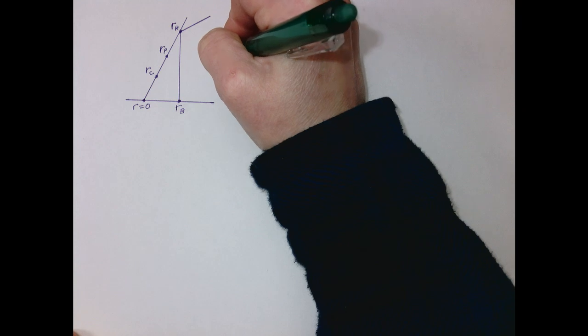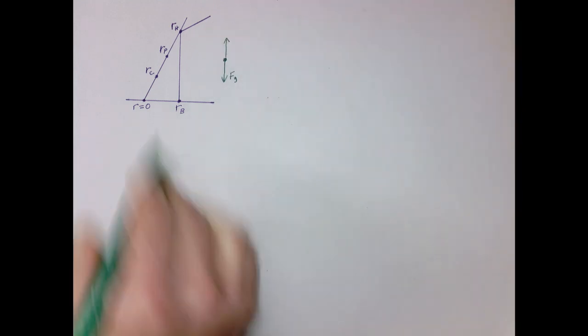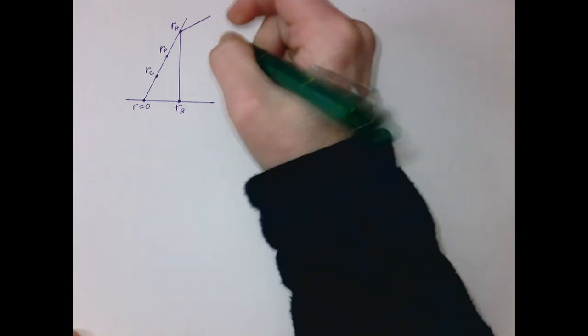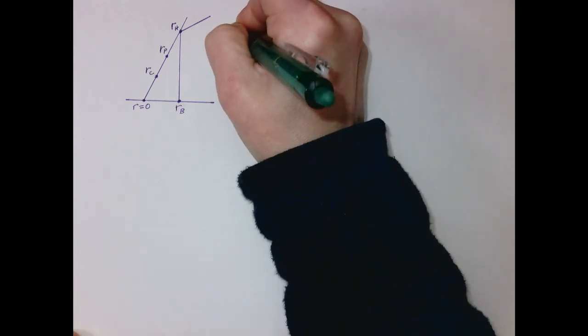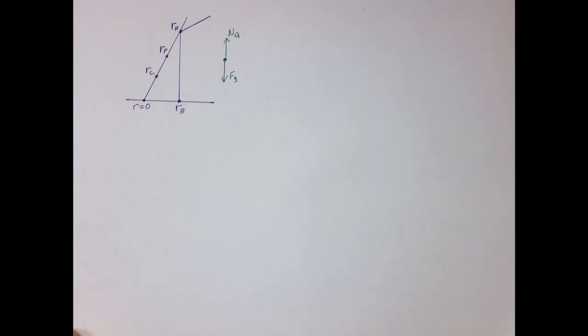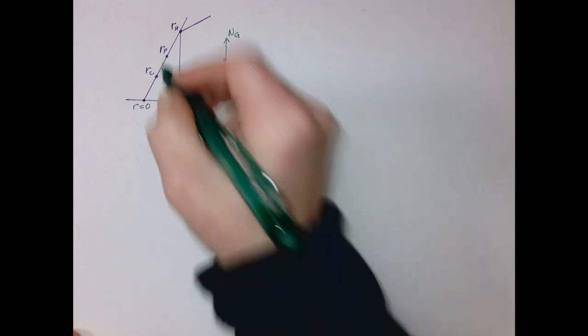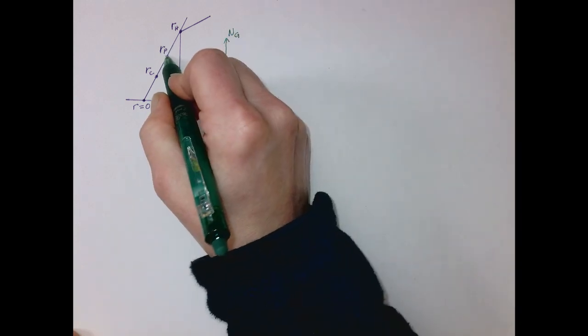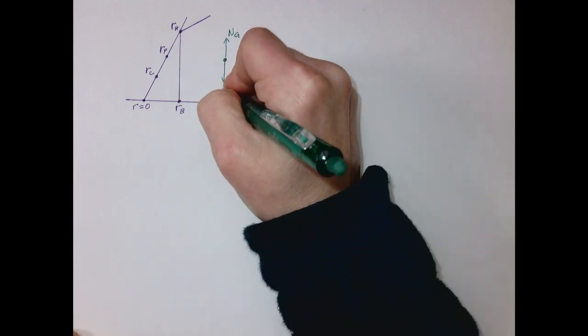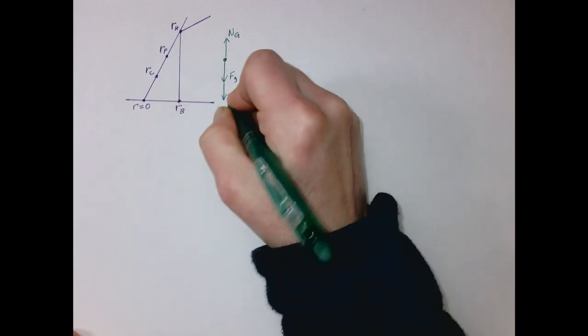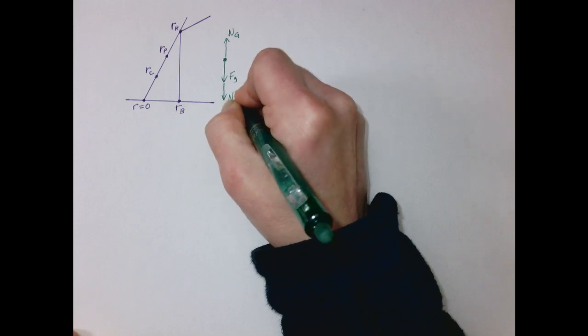We also have the normal force from the ground, which is acting upward, since this is a horizontal surface. This is the normal force from the ground. Then we have a normal force from the person standing on the ladder. That acts downward. This is a normal force from the person.